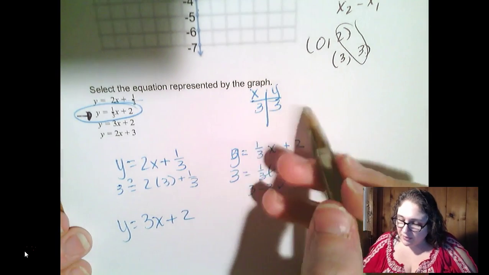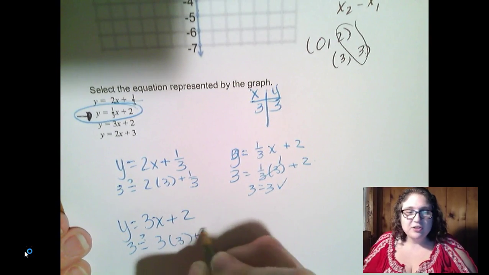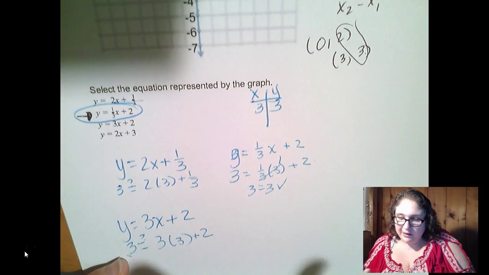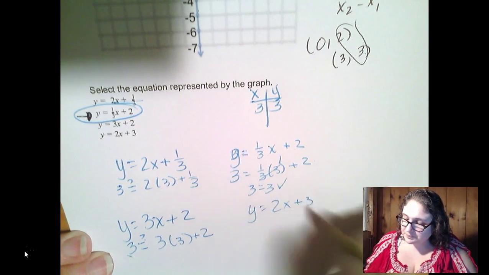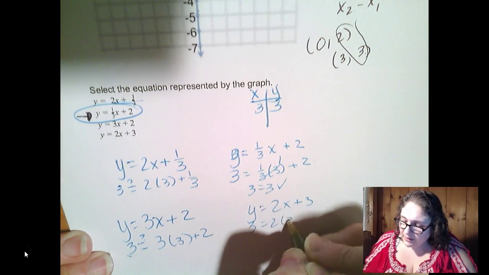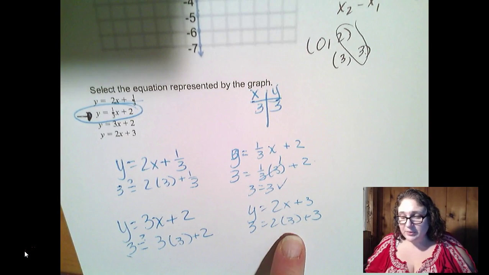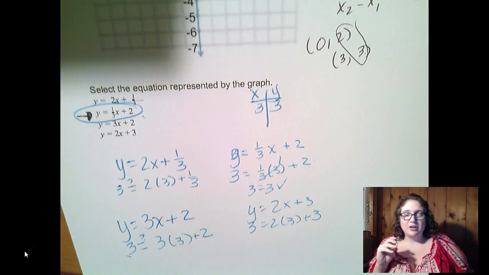Let's plug in the 3, 3. 3 equals question mark 3 times 3 plus 2. Well, what's 3 times 3? 9. We're adding more, so we know right away, that's not going to work. Last one. Plug in our 3's. Well, does 3 equal 2 times 3, which is 6, plus 3? Nope. Process of elimination. Okay?